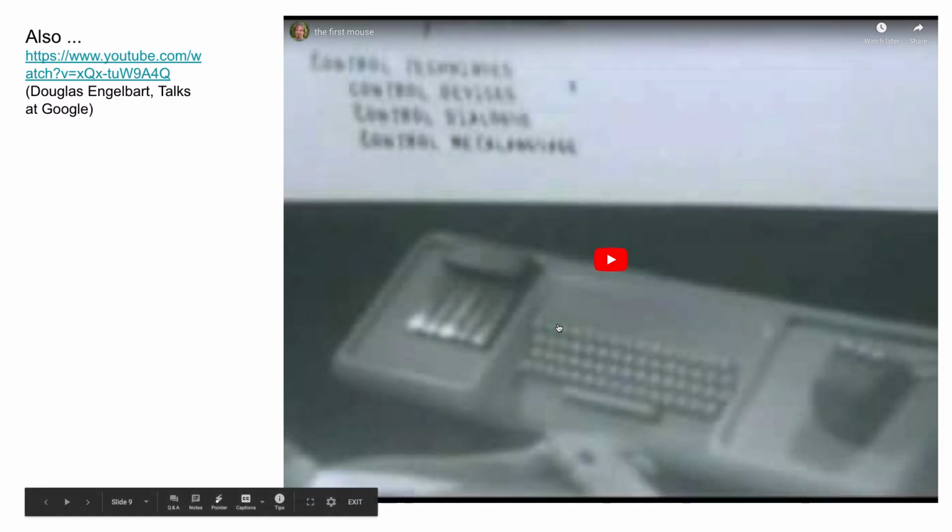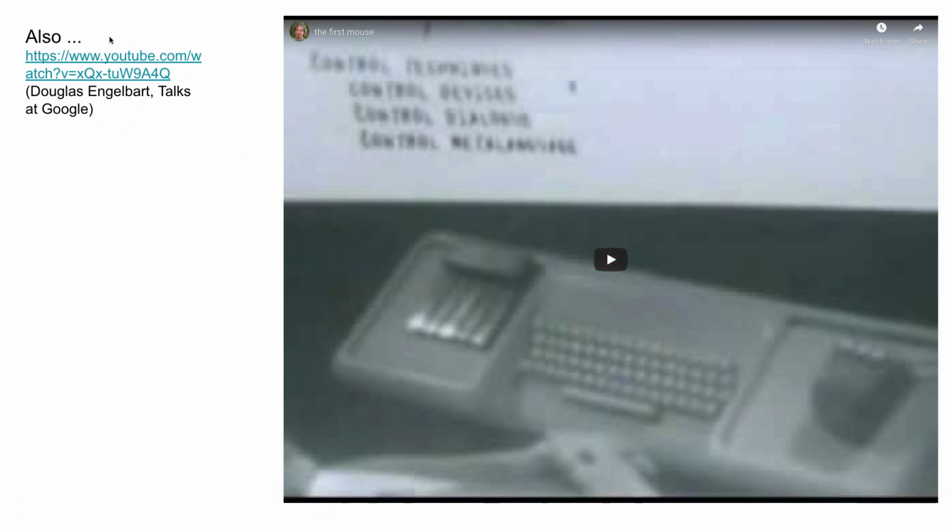This is a demonstration of that first one, which I'll show. Doug Engelbart also gave a presentation and talks at Google, so if you have time, go and watch that. It's very interesting hearing from his point of view how this came about. But here is the demonstration of the mouse.